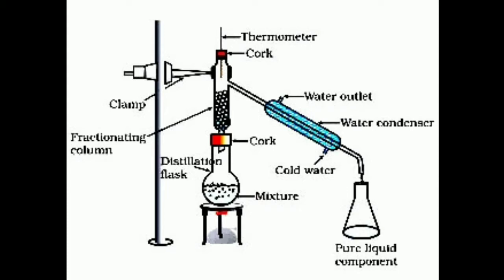So vapors of alcohol will escape from the flask and will collect in the receiver after condensation, as described in the case of simple distillation. At the same time, the vapors of water, which I told you is a high boiling liquid, will fall back in the flask after getting condensed. In this manner, fractional distillation helps in separating two miscible liquids.